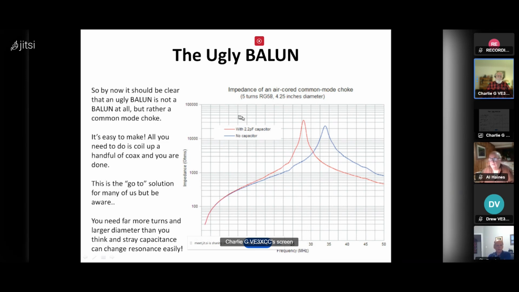So the ugly balun will help you a lot for sure. It's very subjective to any kind of stray capacitance that's rolling around. It's kind of peaky. It doesn't give you a flat response, and you need an awful lot of turns to start doing good things down here in the 160 meter space.